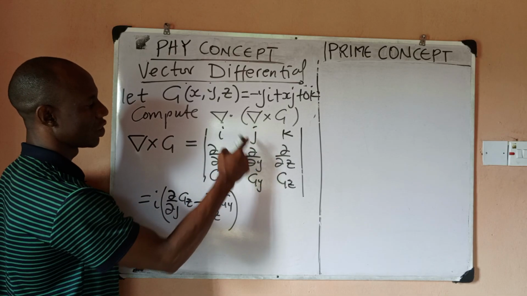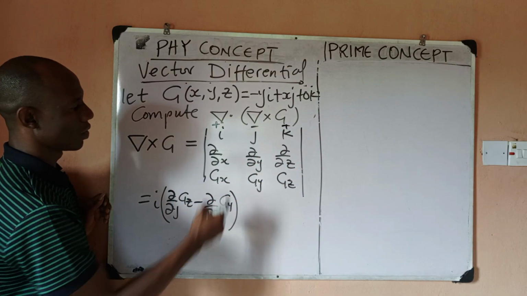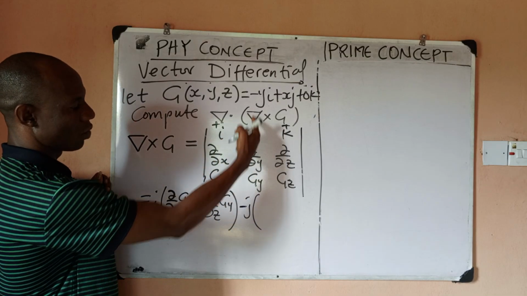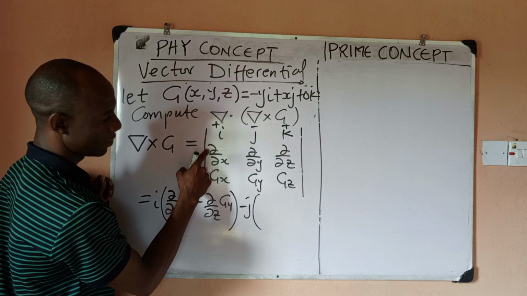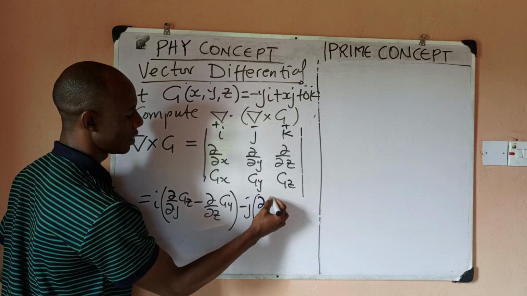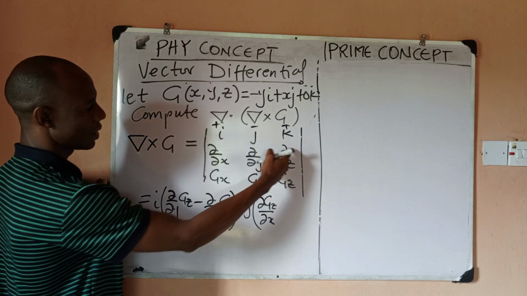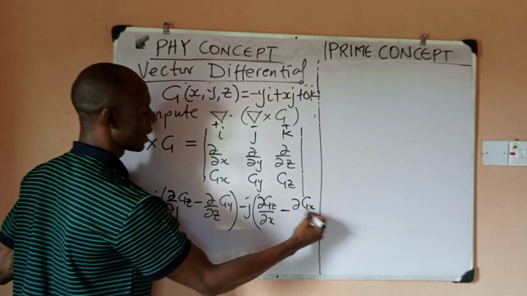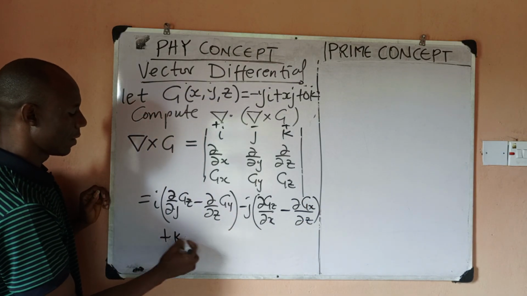And the next is for j. Remember, this is always plus, minus, and plus. So for j, I have minus j into, I'll close this part, close this part. So therefore, I'll have this times this, which is d of Gz over dx. Then this times this, which is minus d of Gx over dz. And finally, I'll have plus k.